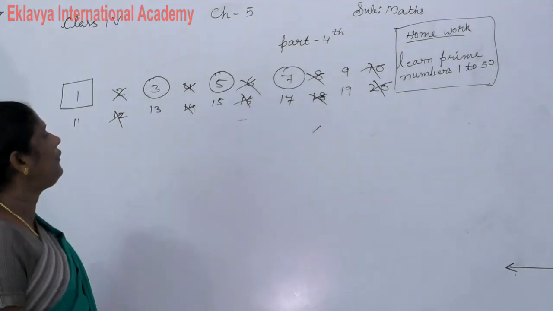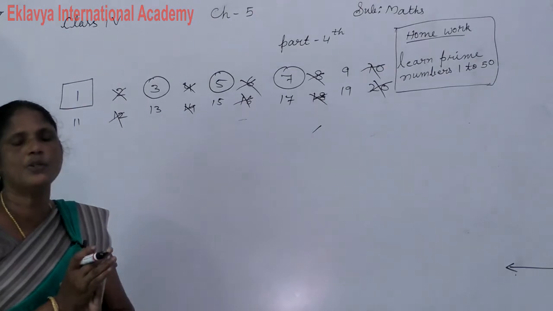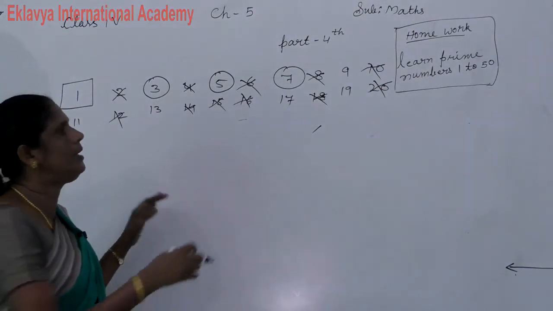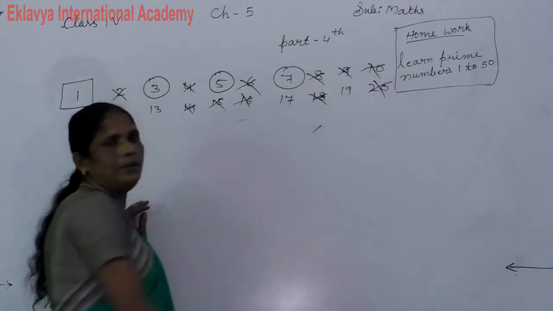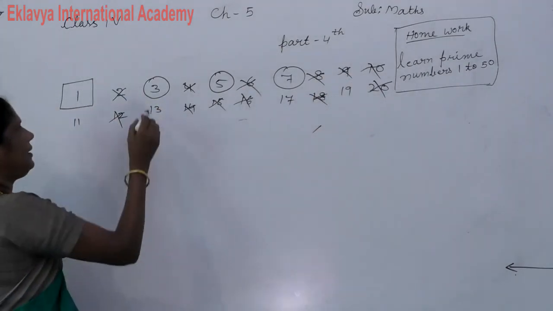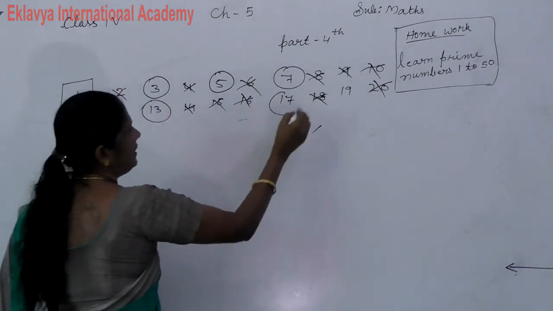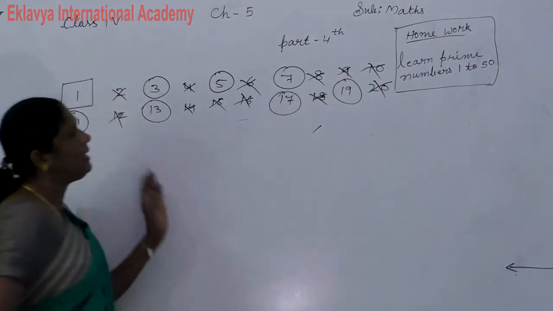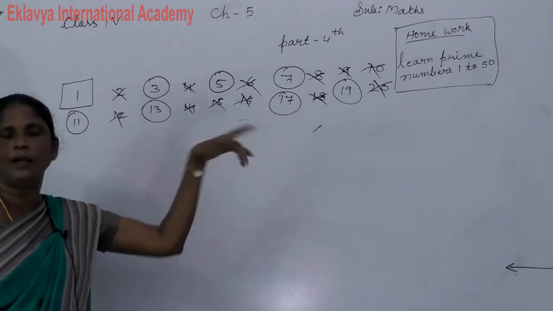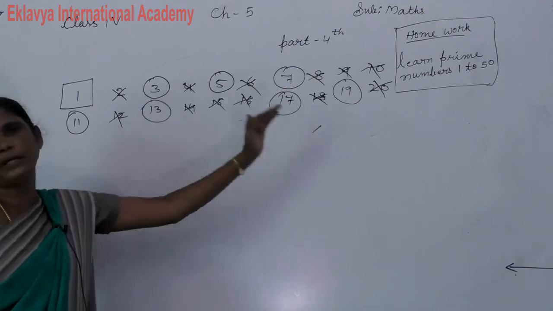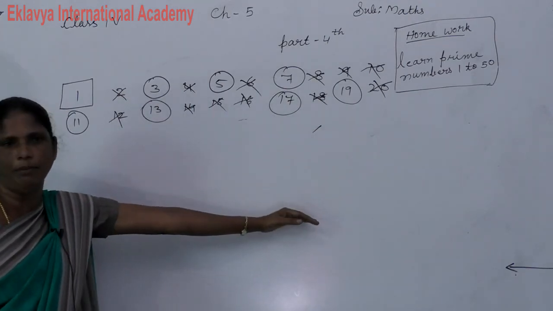Then the left numbers you circle. The last numbers you circle, that is 11, 13, 17. These circled numbers are your prime numbers.